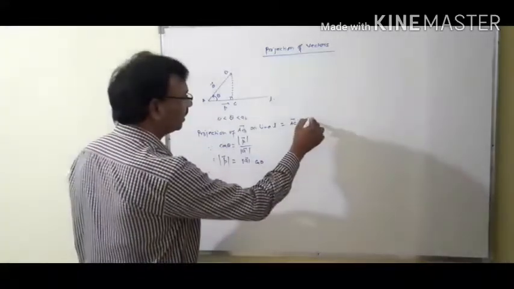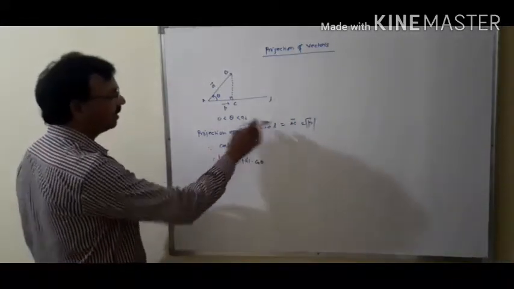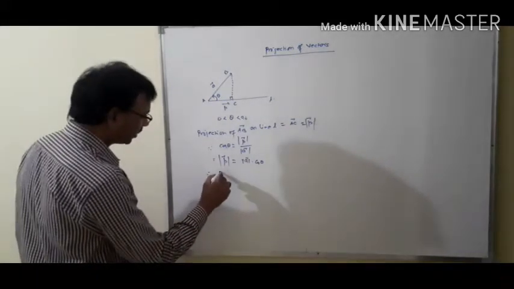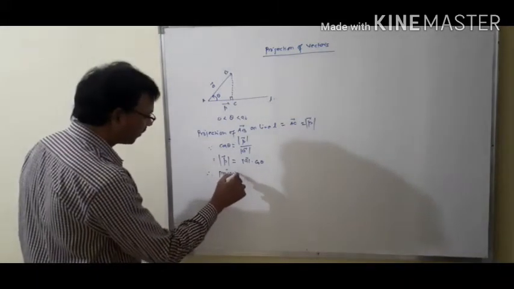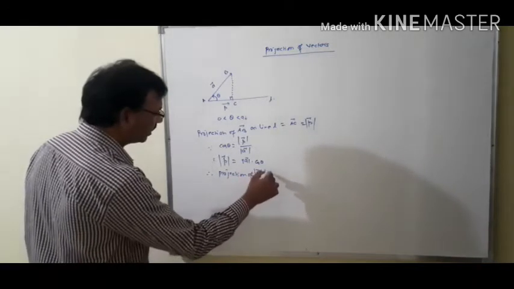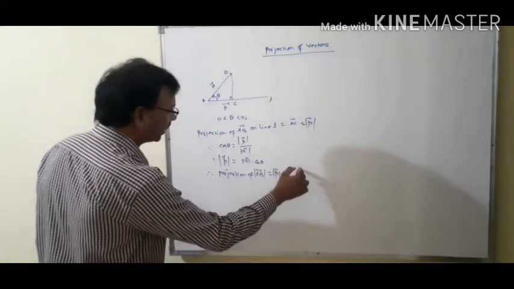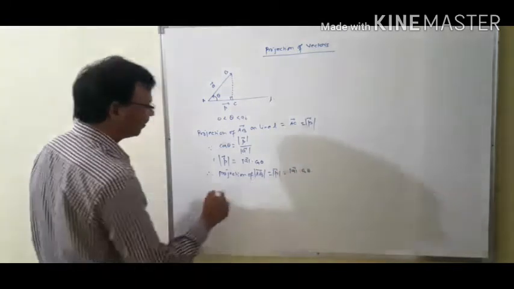We can write here magnitude of P. This is the projection of AB on line L. Therefore projection of AB, denoted by magnitude of P, is equal to magnitude of A into cos of theta.